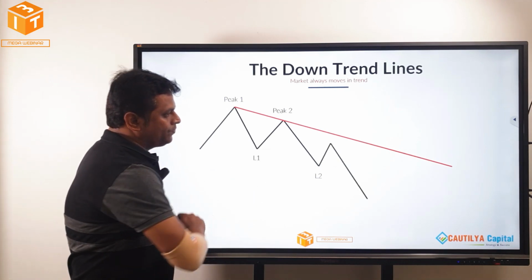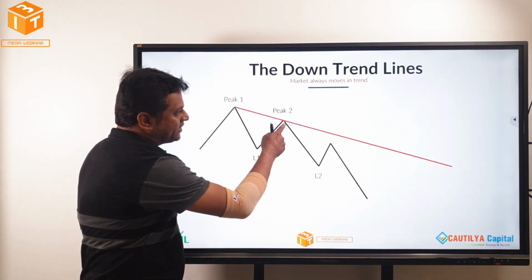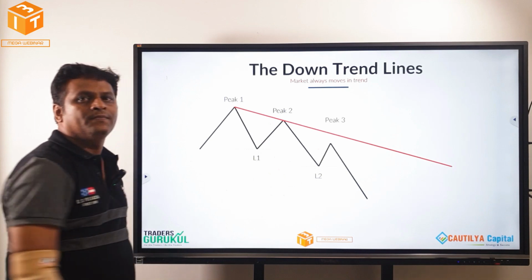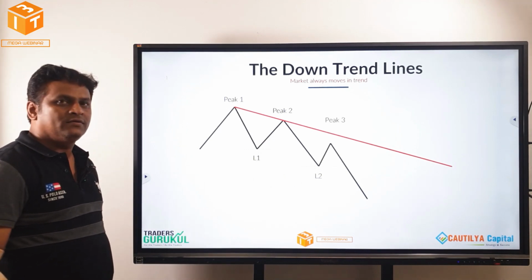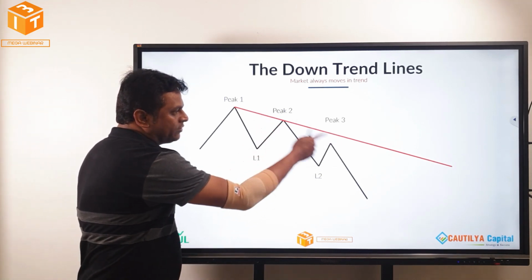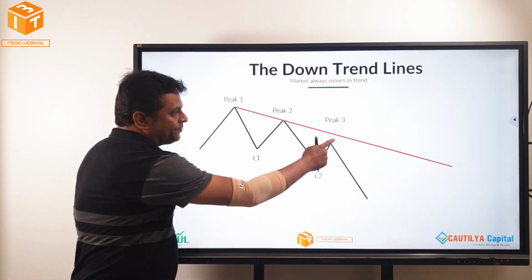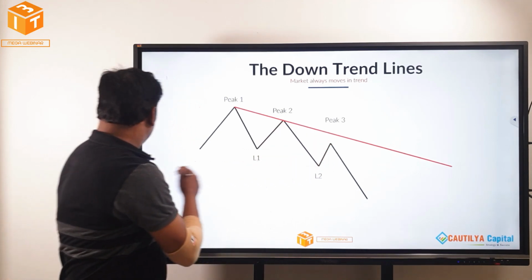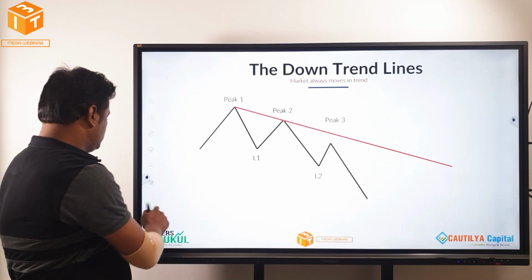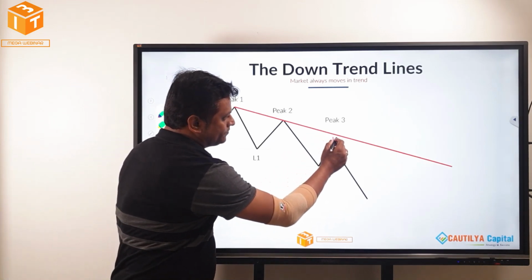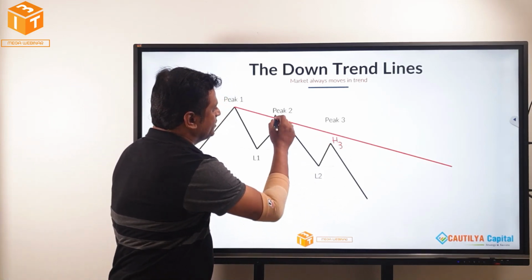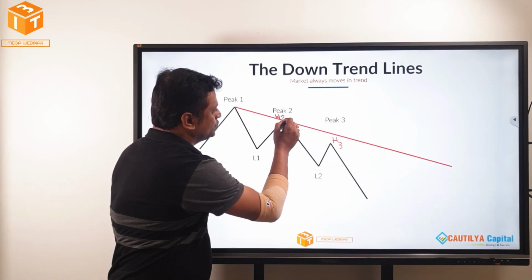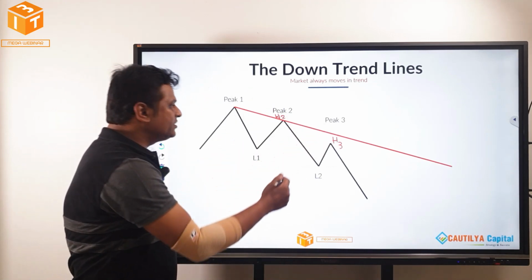Now, check these 2 peaks. Peak 2, peak 3. Can you draw the trend line? You need 2 peaks. Peak 1, peak 2 and peak 3. Your H3 should be lesser than H2, or H2 should be greater than H3.